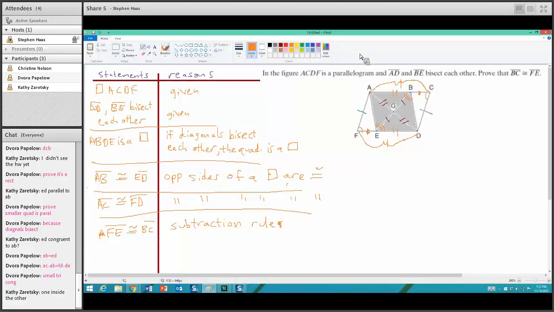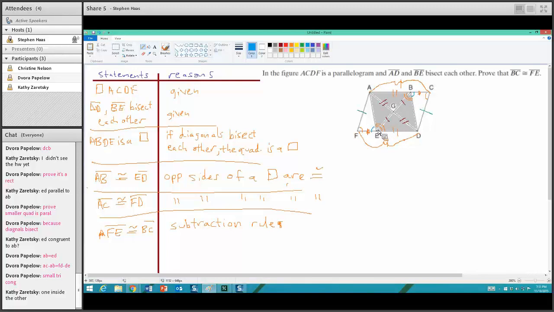And then we could say that this angle here is supplementary to the orange one. And then we could say that this angle here was supplementary to this orange one. And then we can get the two light blue ones because they're supplementary to the same angle. If two angles are supplementary with the same angle, then they have to be equal to each other. Supplementary means they add up to 180. This and this add up to 180, and this and this add up to 180. So if this and this are equal, then this and this also have to be equal.